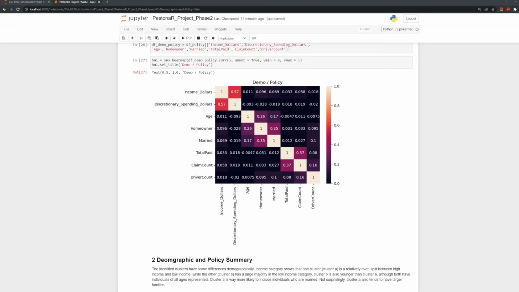So basically what we are uncovering is that even though we have some interesting demographic differences between our clusters, which were already broken out by different lifestyle decisions and spending habits, these aren't proving to be strong determinants for whether they're a good driver or a bad driver.